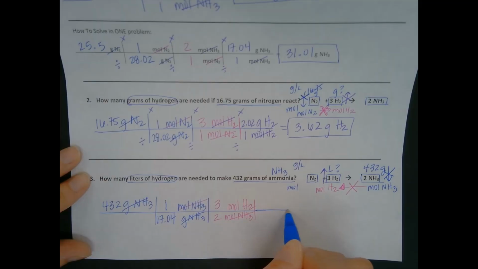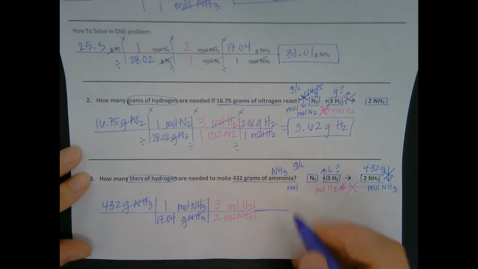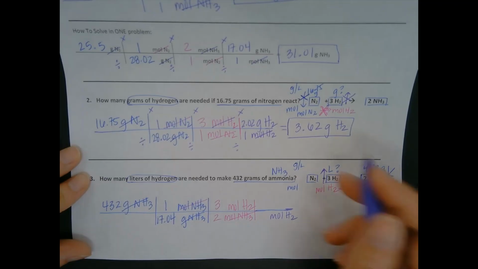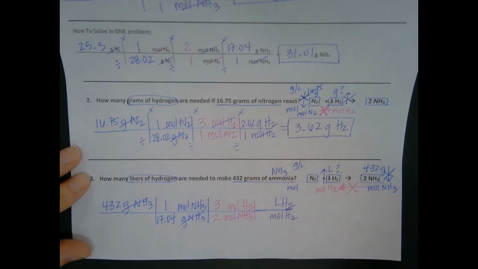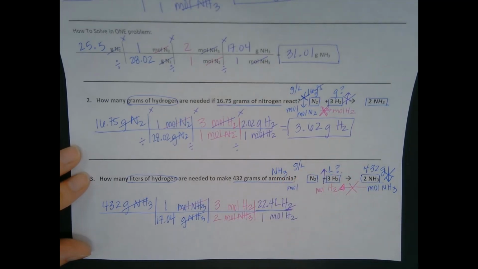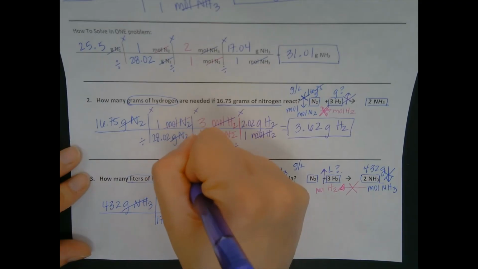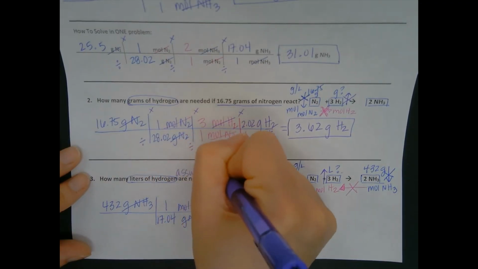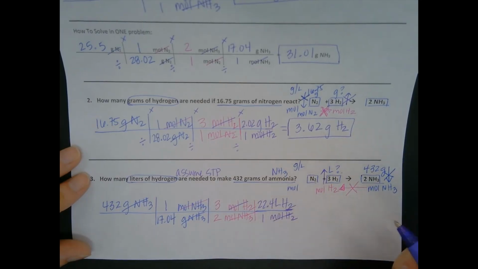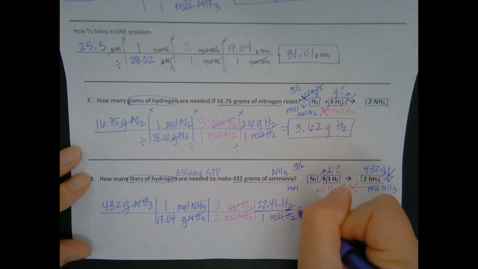Okay, third arrow, almost done. I'm going to drop my mole H2 down. And what am I trying to find? What's going to go on the top? Liters of H2. And what do we have that gets us between moles and liters? 22.4 over 1, assuming STP. We're going to assume STP here. Okay. Mole H2 cancels with mole H2. I'm done with this arrow, so now I can solve.